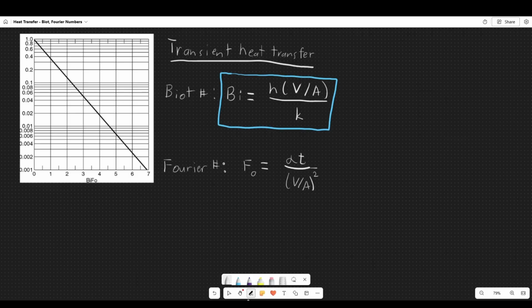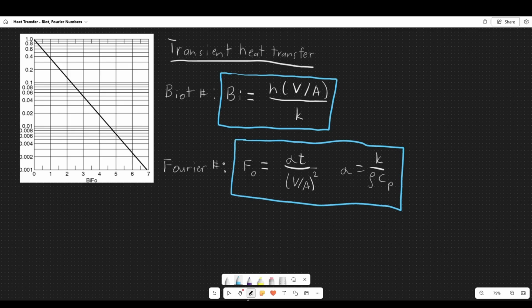Okay, perfect. And then alpha is nothing but alpha equals k over rho Cp. Remember, k is the thermal conductivity, rho is the density, and Cp is the specific heat. Perfect. So this is the Fourier number.